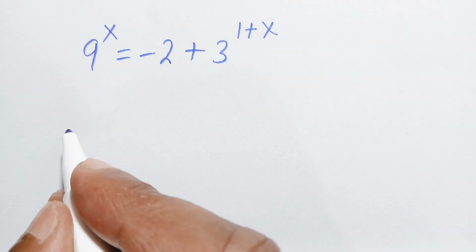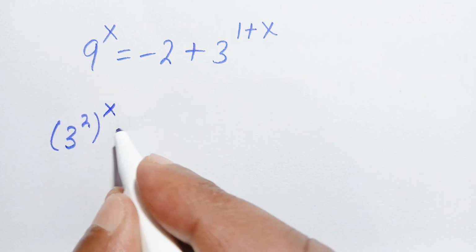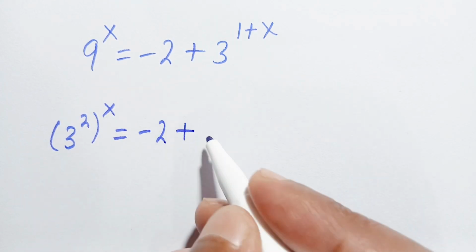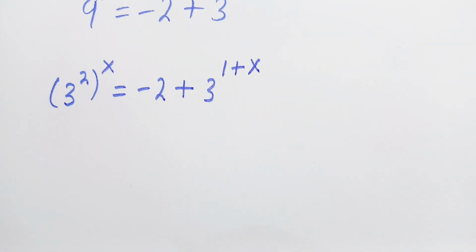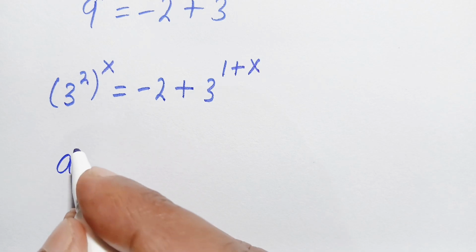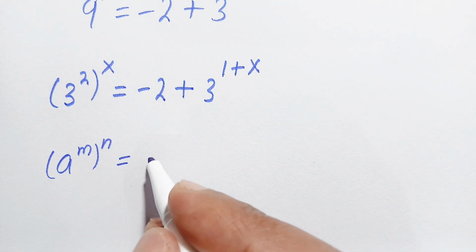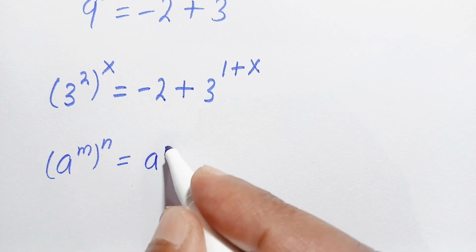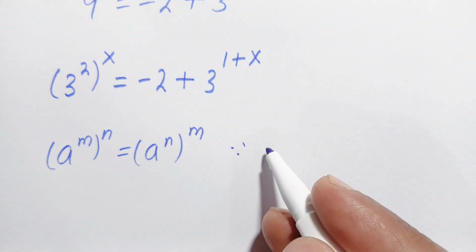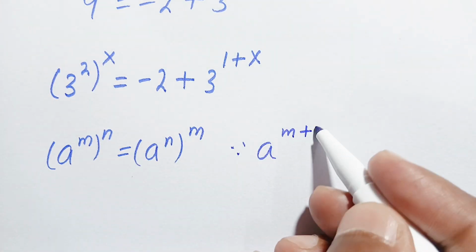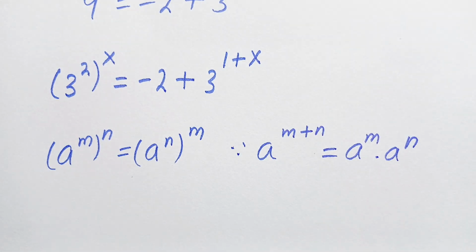Also we can write this as (3 square)^x is equal to -2 plus 3^(1+x). Now we know that (a^m)^n is equal to (a^n)^m, and also a^(m+n) is equal to a^m times a^n.